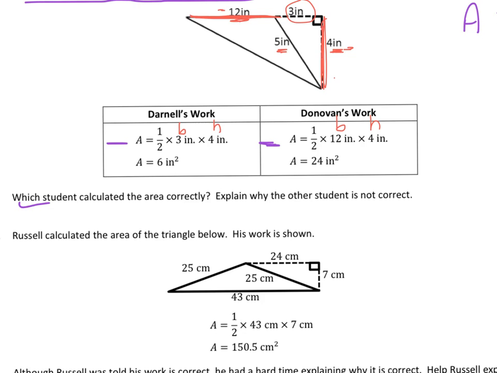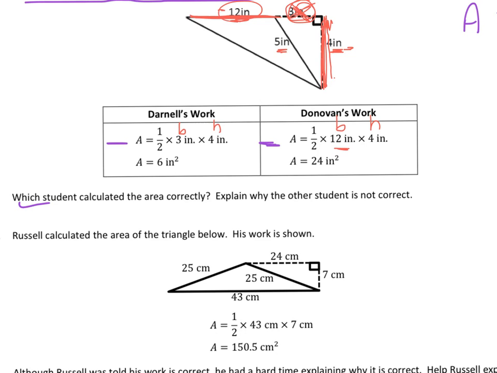So we came down here to get the height where it meets the base, and they just gave you that measurement out to here. We don't need that measurement because it's not a measurement of the triangle. It's a measurement from the triangle to the height. So we need the 12.